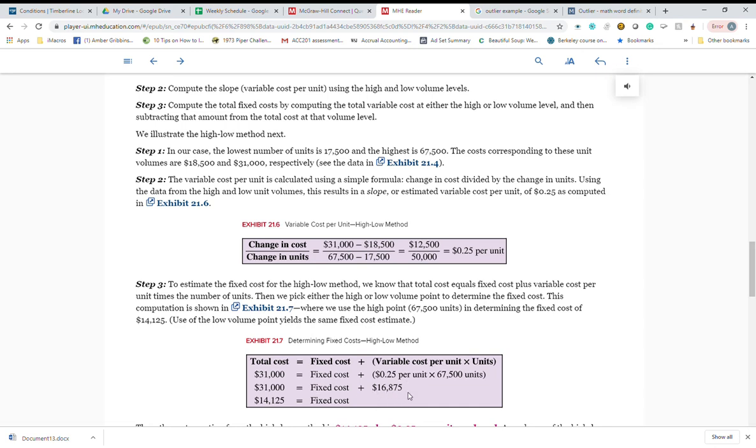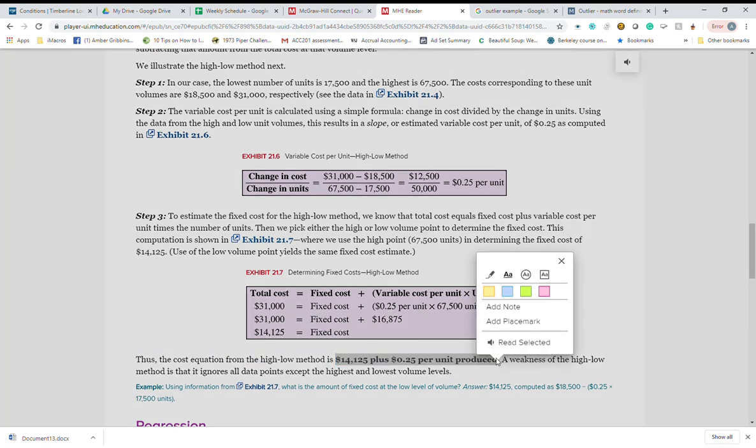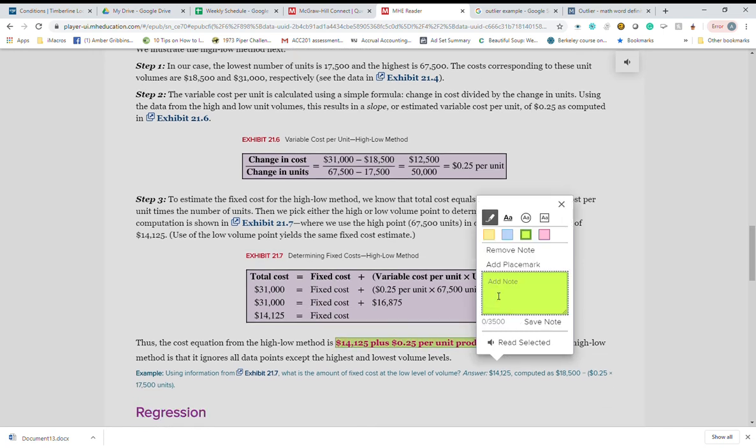So follow right through, and that'll give you an equation of adding the fixed cost to it. You've got your variable cost figured out from here, and then you just solve for fixed cost, and now you have 14,125. And the equation is 14,125 plus 0.25 per unit, right?